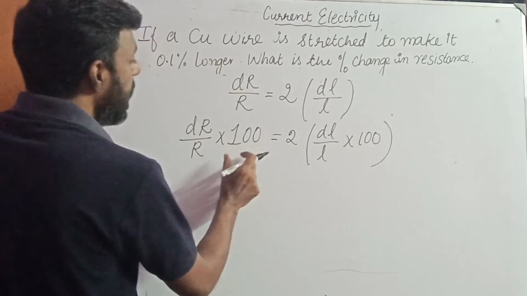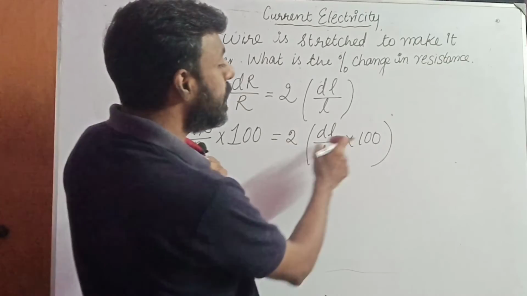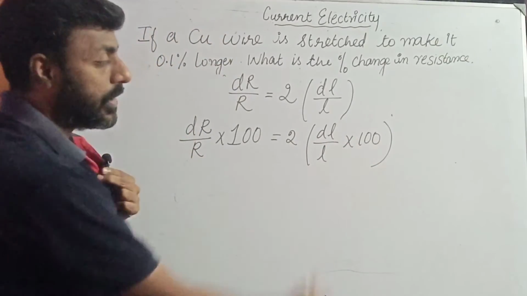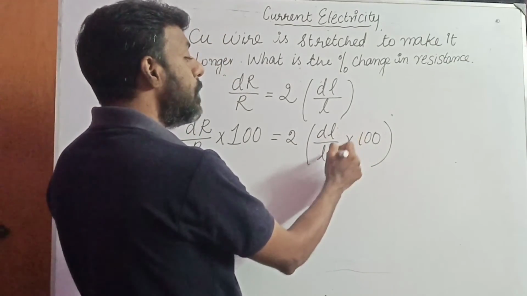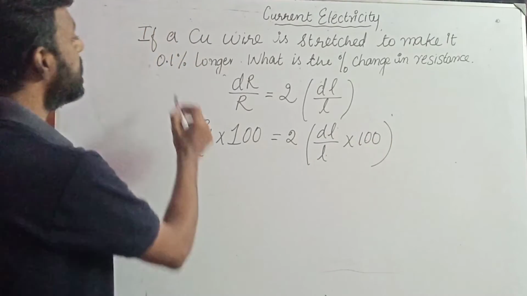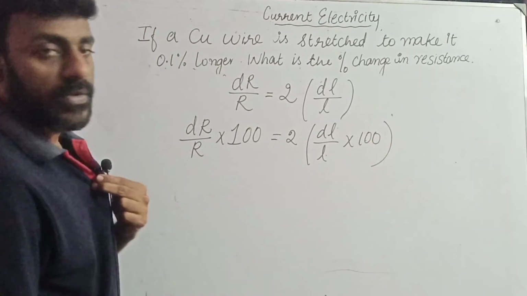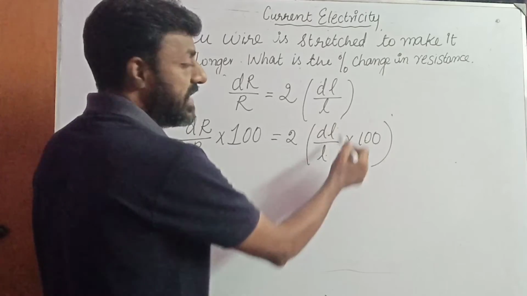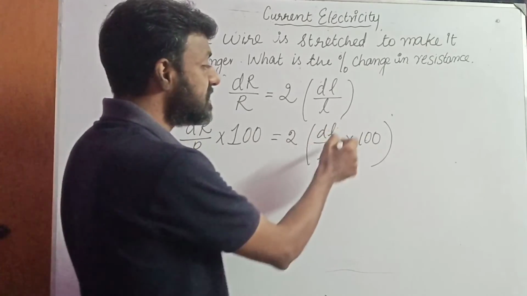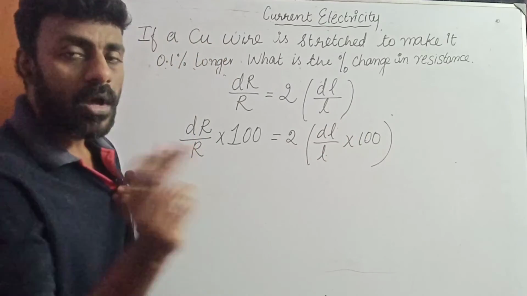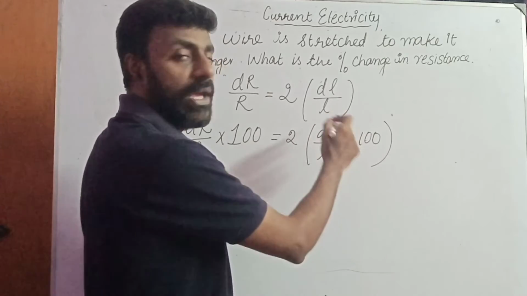What is the value of dL by L into 100? We know that it is 0.1% longer. The elongation is nothing but dL by L.